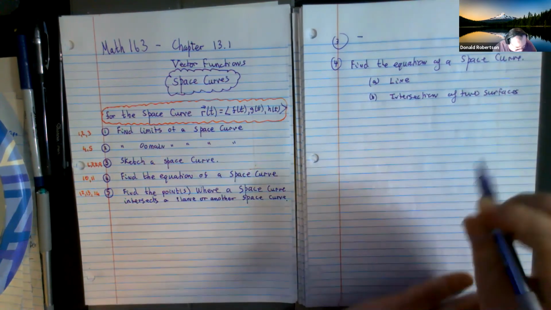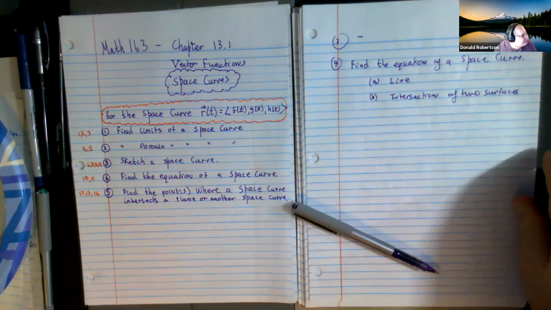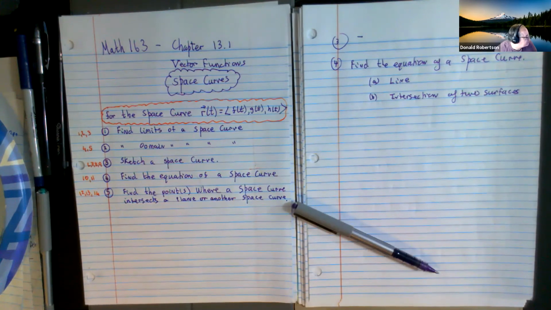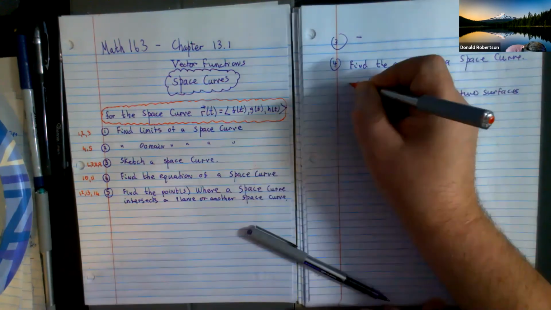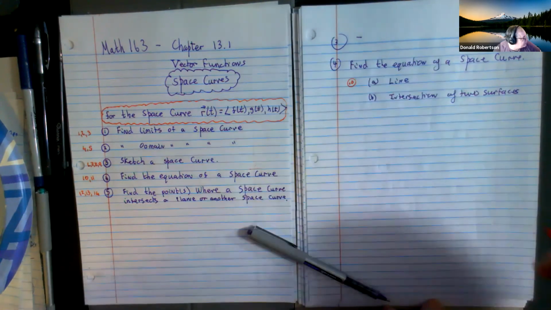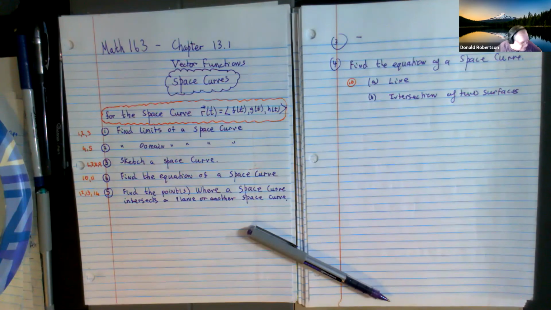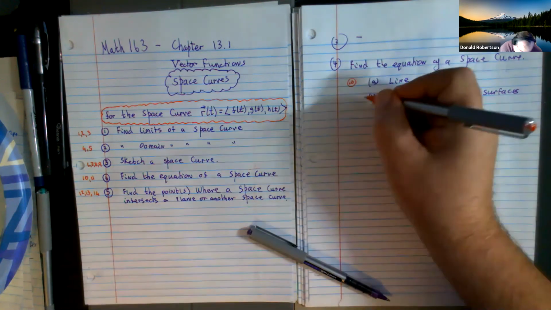The one that's a line, I believe, is question 10, but let me double check on that. Yeah, so this guy is question 10. And the intersection of 2 surfaces version is question 11.